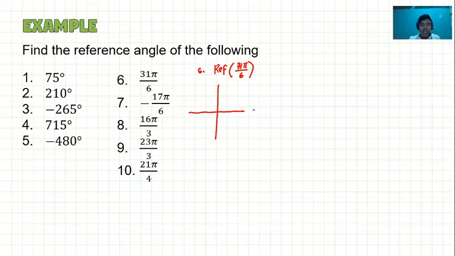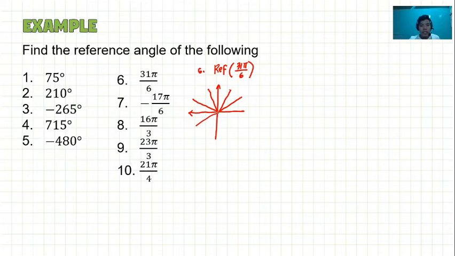So pi over 6 is 30, so this is now 30. And take note, 90 divided by 30 is 3, so therefore this 90 angle will be divided into 3 equal parts. So we have 1 pi over 6, and we have 2 pi over 6, 3 pi over 6 here sa 90, then 4 pi over 6, 5 pi over 6, then 6 pi over 6 here sa 180.